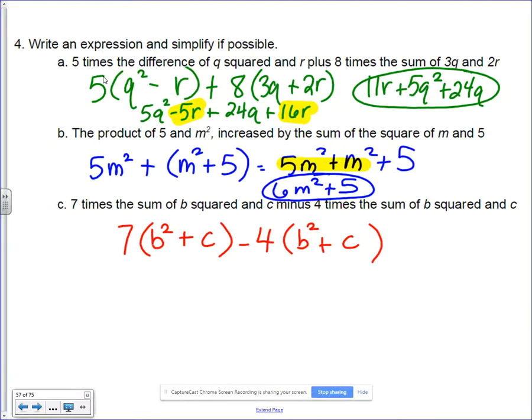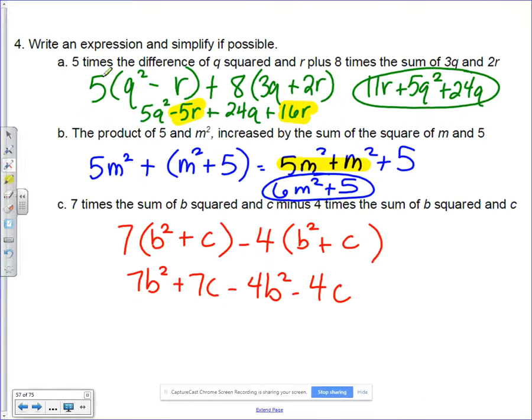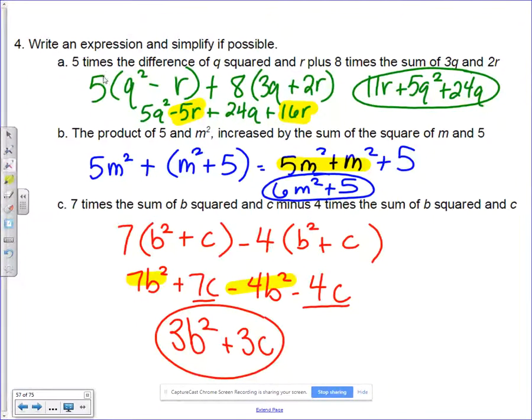B squared and C. Now we're going to simplify it. Okay, what goes together? Gives you 3 what? B squareds. What else goes together? Gives you? Good. Wonderful.